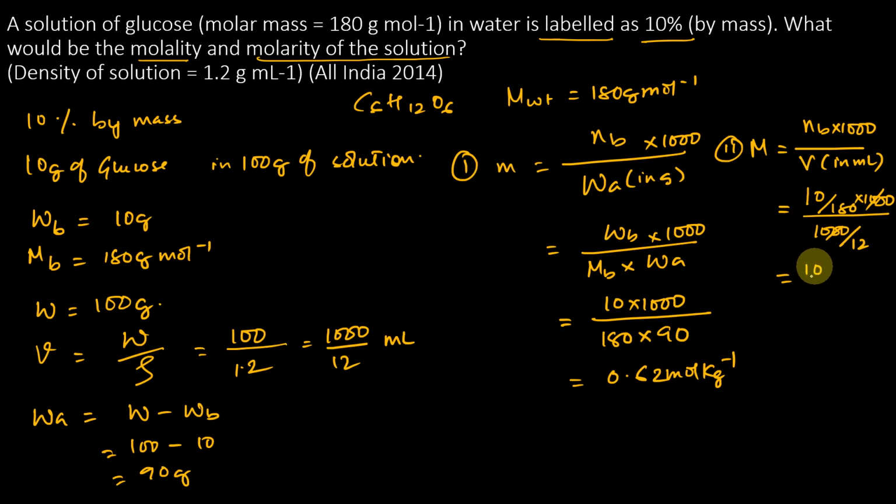It will become 10 divided by 180 into 12. So it is going to be 120 divided by 180. So it is going to be 0.67 mole per liter. Okay, so this is the calculation of molarity.